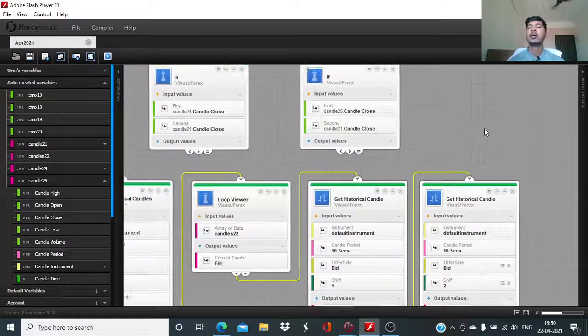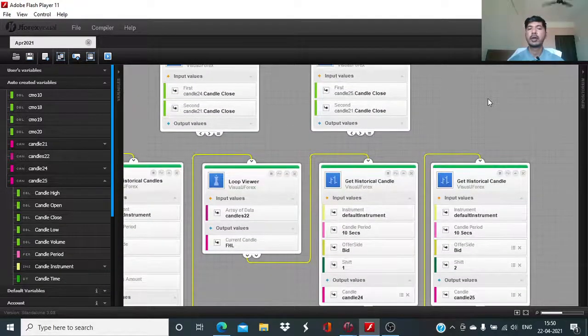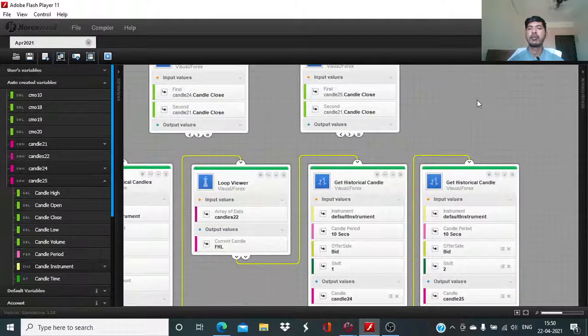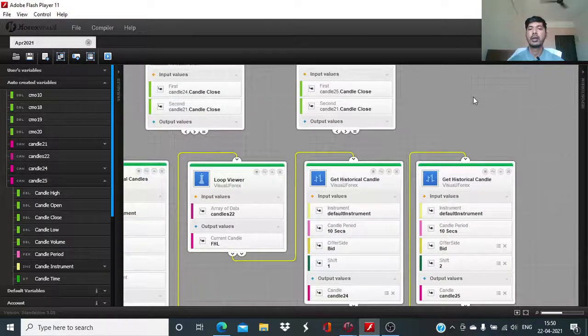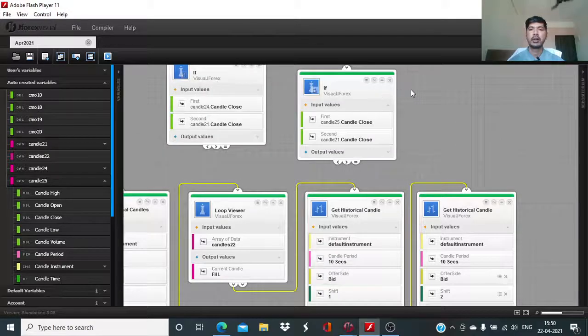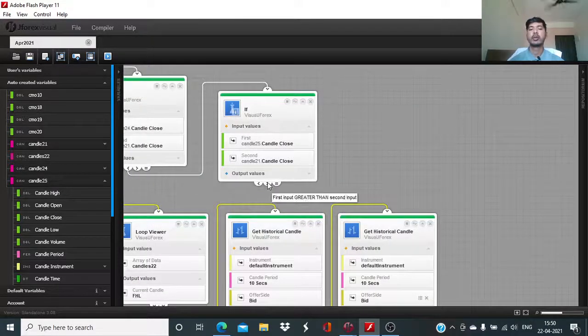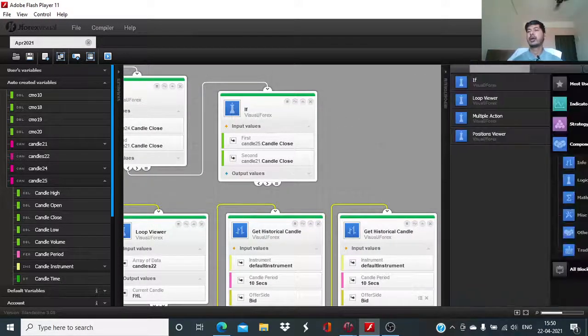So candle 24 close needs to be below candle 21 close, and candle 25 close needs to be above candle 21 close. In this case, first input less than second input, and in this case first input greater than second input.